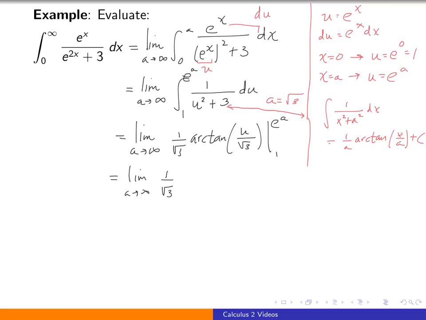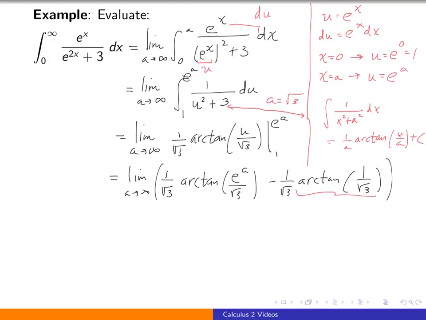So that would be 1 over root 3 arctangent of e to the a over square root 3 minus 1 over root 3 arctangent of 1 over root 3. And keep in mind that whenever possible, we should always evaluate common values of trig and inverse trig functions. And the common value in this example is that arctangent of 1 over root 3 is equal to pi over 6, because the tangent of pi over 6 is 1 over root 3.